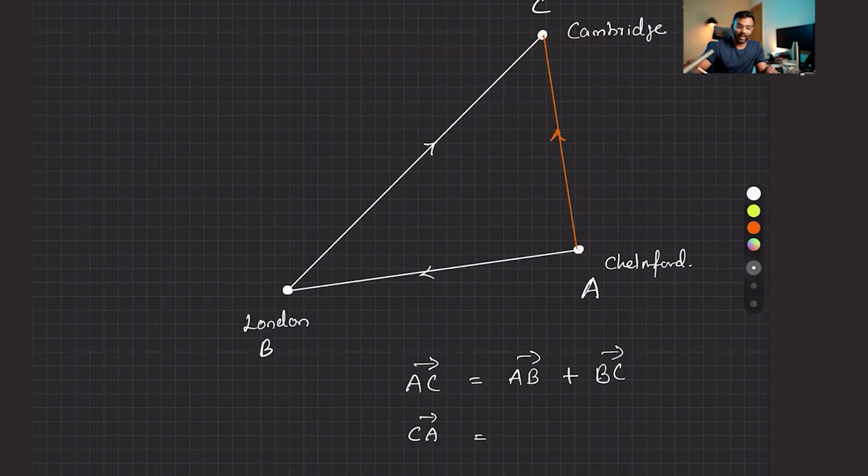So C to A would be C to B, and we could possibly write minus CB or minus BC. It's the same thing. You see that when I put a negative sign, it has already switched. I'll take you through that, but for now, do you understand this concept?